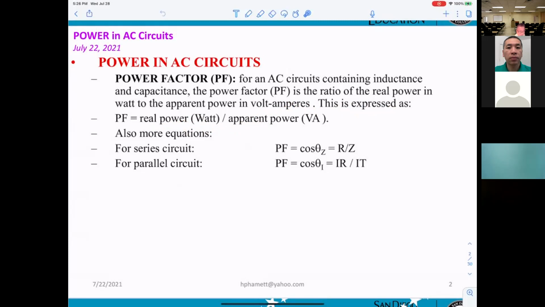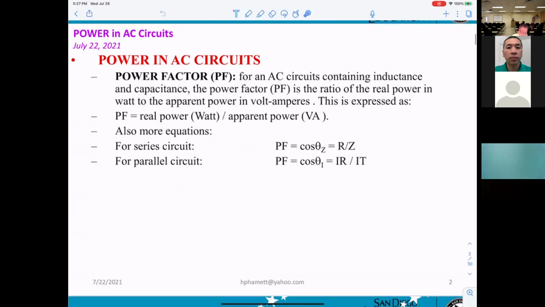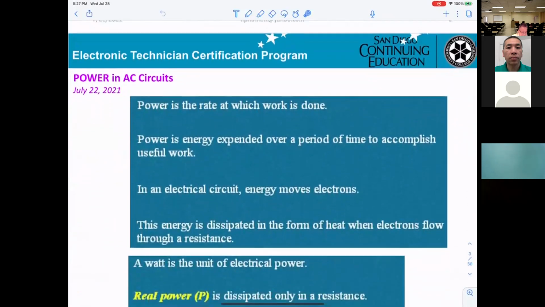Okay? And also, for series circuitry, PF also equals cosine of theta Z, where Z means impedance for series. And for parallel, it will be cosine theta of I, I mean the ratio between the currents. Okay?